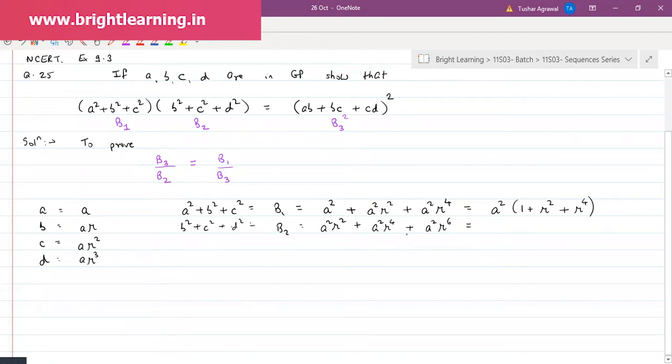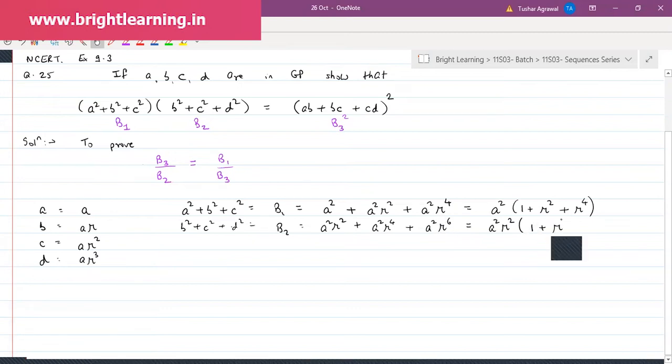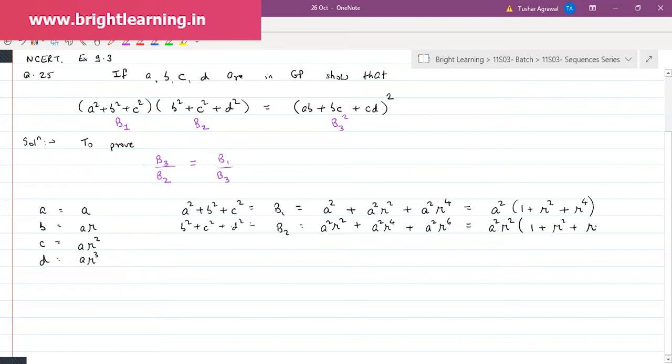Now among these three terms I will bring A square R square as common. If I bring A square R square as common, here 1 remains, then here R square will remain, and here R raised to 4 will remain. So 1 plus R square plus R to the power 4.